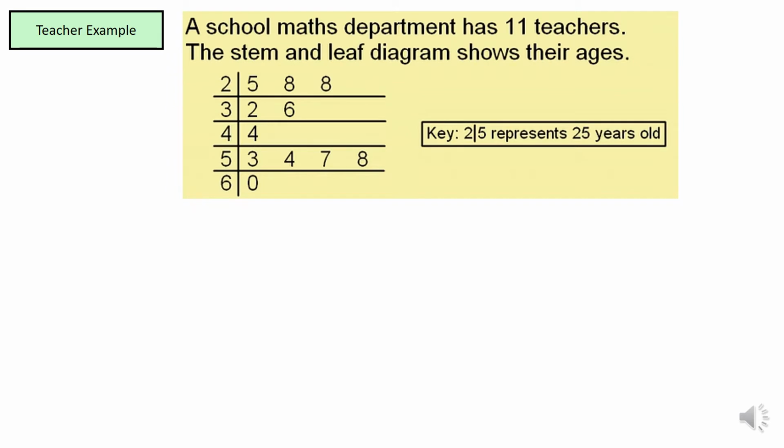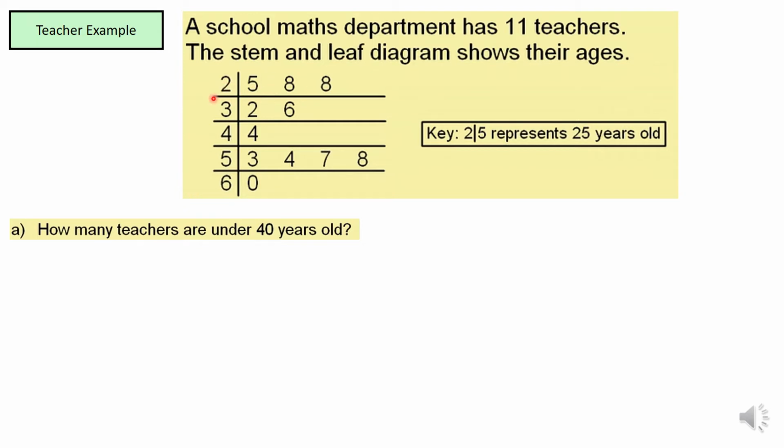Okay, here's a question. It's got three parts, which I'm going to show you one by one, and then we go through the answers together. The first part says how many teachers are under 40 years old. I can see from the table there is a 44 years old teacher, and on the top row you have 25, 28, and 28.